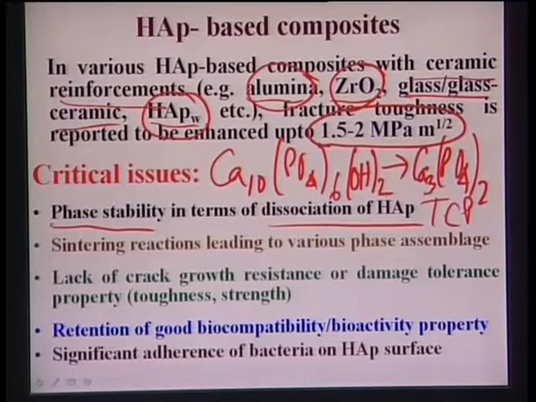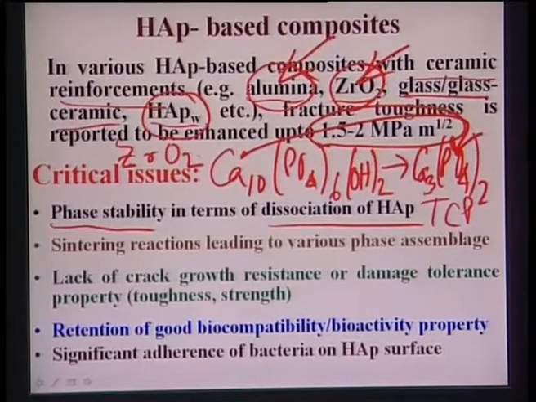Now, this transformation of hydroxyapatite to alpha TCP or beta TCP takes place more easily, or more favorably, in some of the composites where you add alumina or zirconia as a reinforcement. Another problem is that, suppose you add zirconia to hydroxyapatite during sintering.